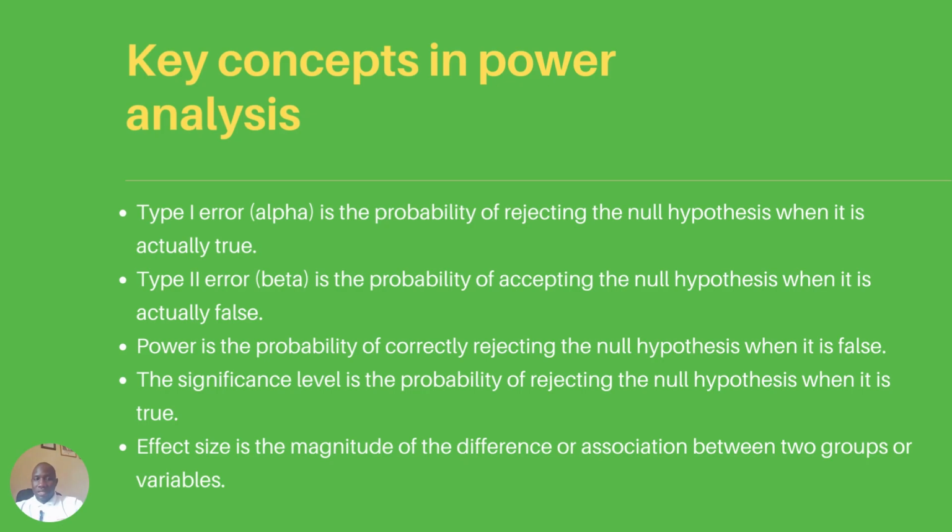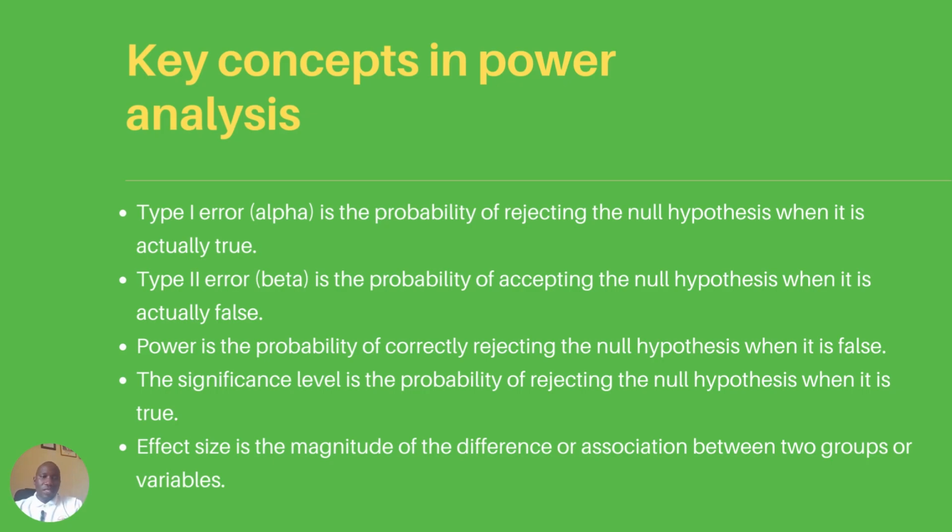So what are those chances? Is it a 1% chance that you can be wrong, or is it a 5% chance that you can be wrong? That is the probability of you rejecting a null hypothesis when the hypothesis itself is actually true.